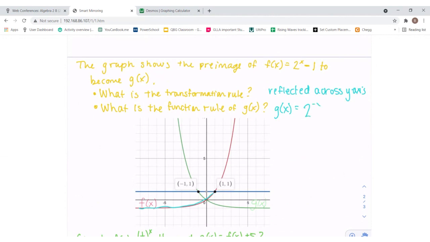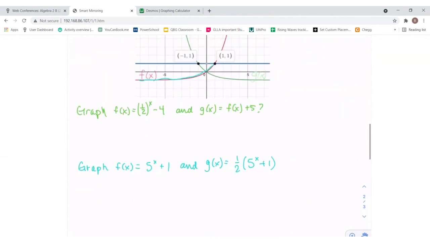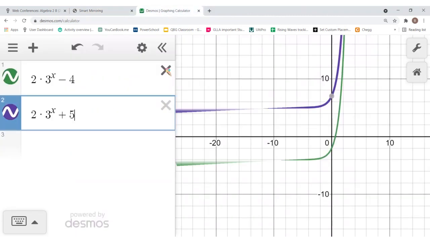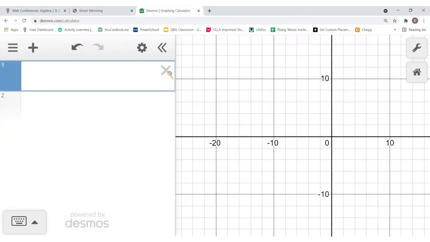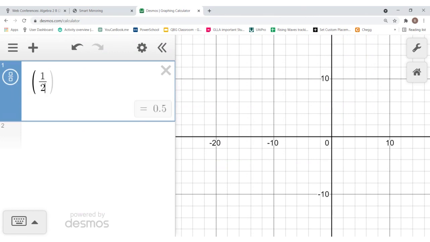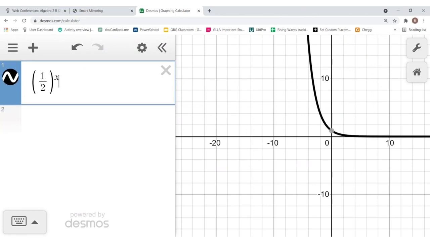Okay. And then the rest of them are comparing graphs. So I highly recommend using these things. So if I had 1/2 to the x, subtract 4, like this says. So 1/2 to the x, and then subtract 4. So there's the original one.